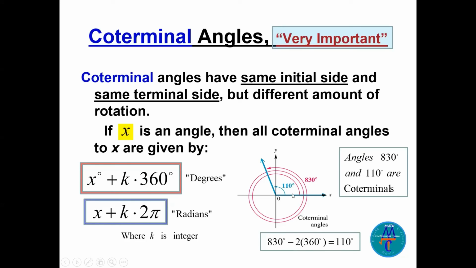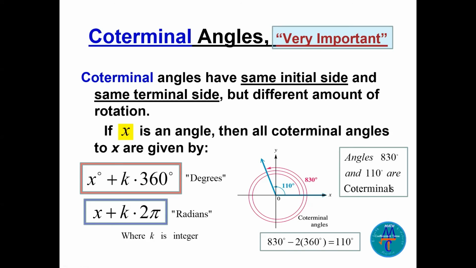See, 110 starts from the x-axis here and terminates in quadrant 2. 830 is positive, so you draw 1 cycle, another cycle, then you will reach this blue here. So 830 and 110 are not equal.